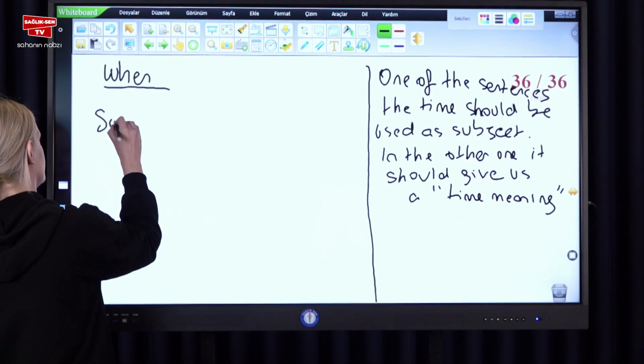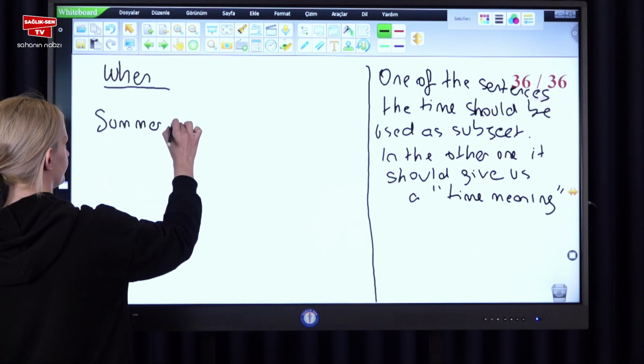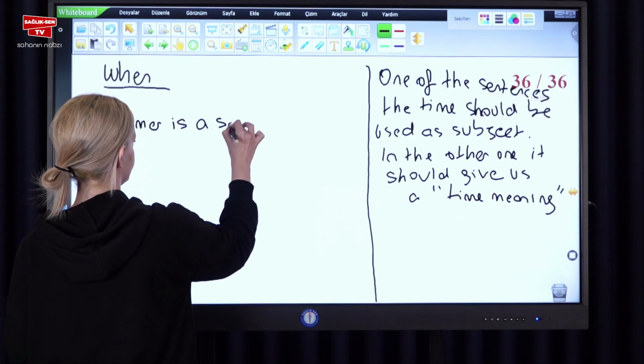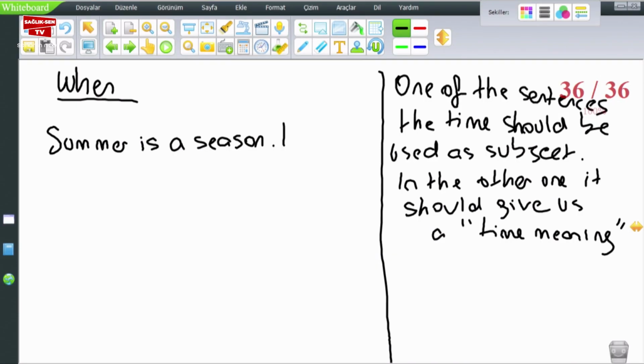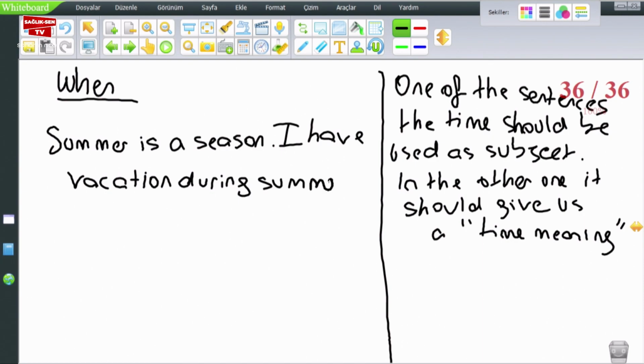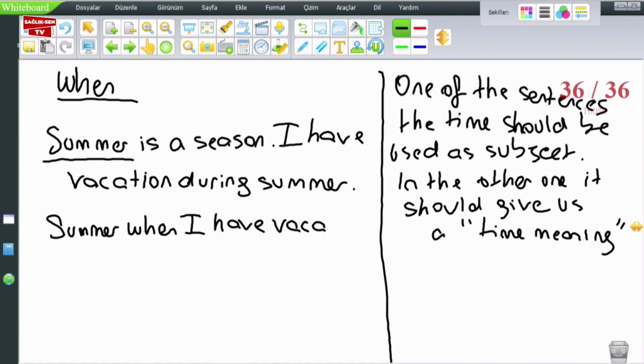For example, summer is a season. I have vacation during summer. I will start with the first sentence. Summer, when I have vacation, is a season.